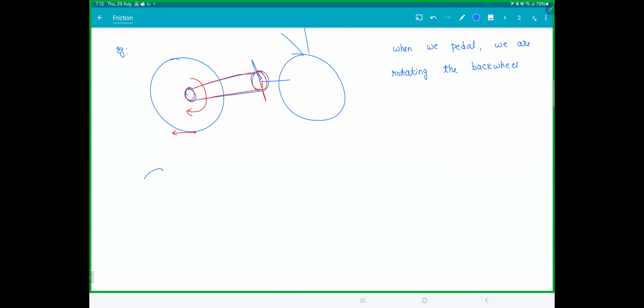Getting it? So if you look at the back wheel, you're rotating it with your pedal. So this point is trying to go backward. So the friction will act forward. This is the back wheel scene.